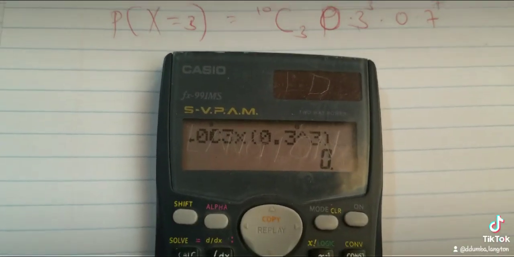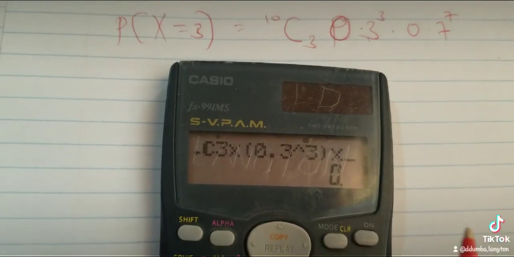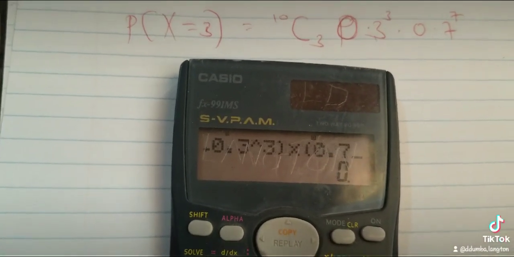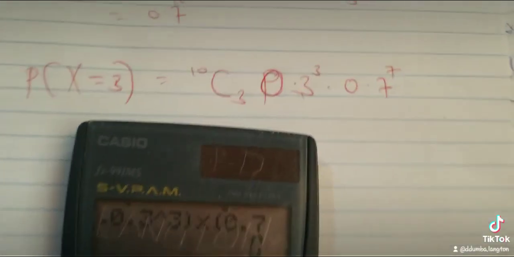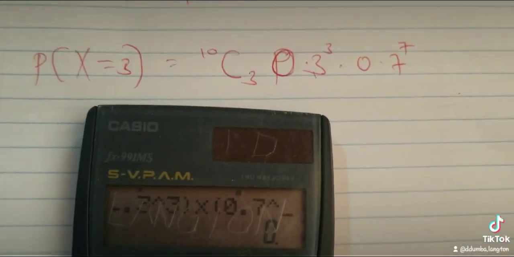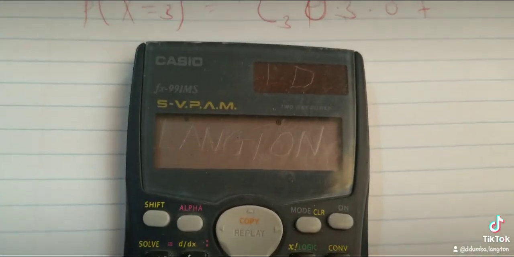I hope you are getting it. Times 0.7, sorry, you need to put a bracket, 0.7 to power 7. So you press the equal sign.